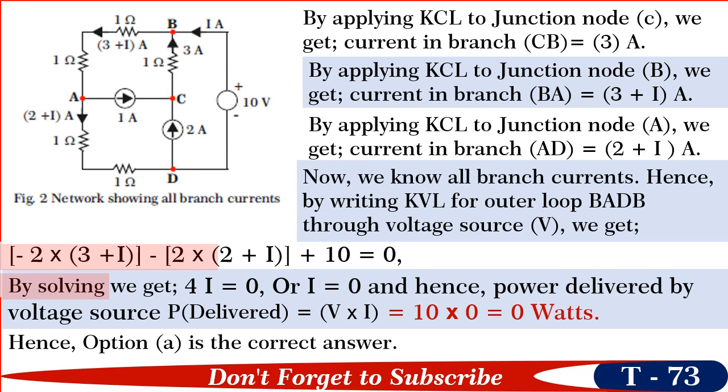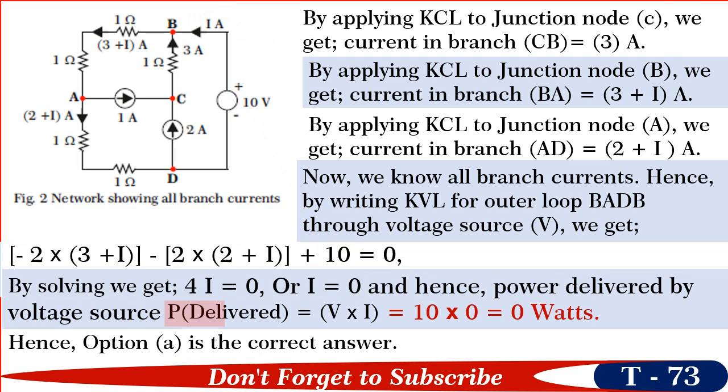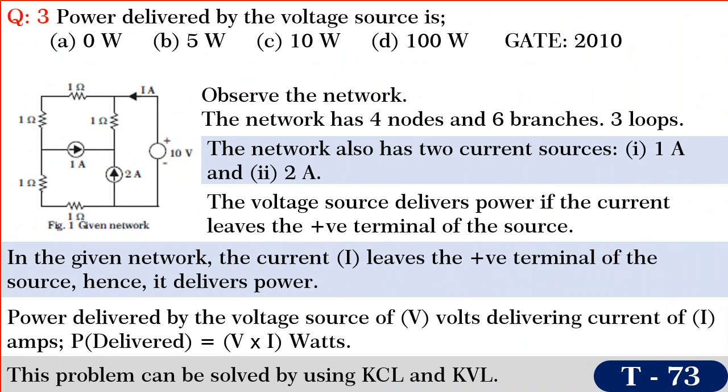By solving this simple equation, we get 4I is equal to 0 or I is equal to 0. Hence, power delivered by the voltage source, P delivered, is equal to V into I, and it is equal to 0 watts. Hence, option A is the correct answer.